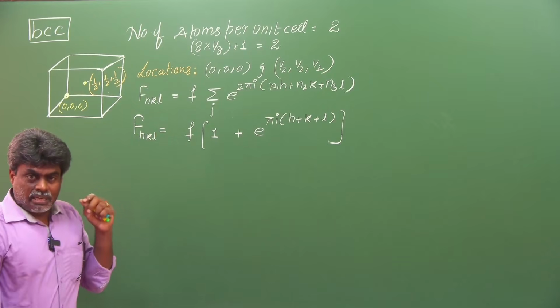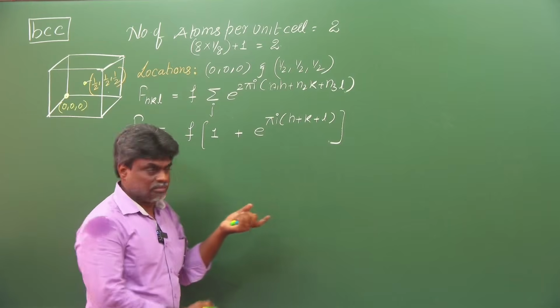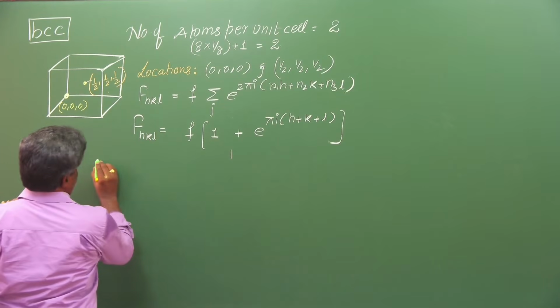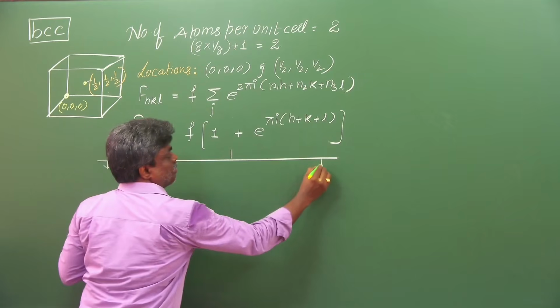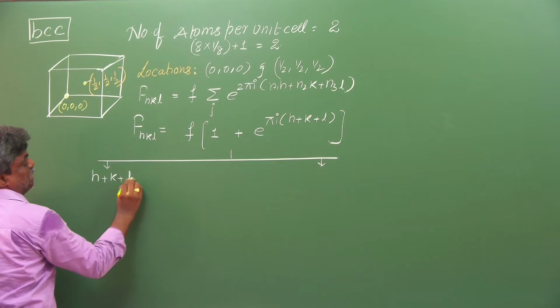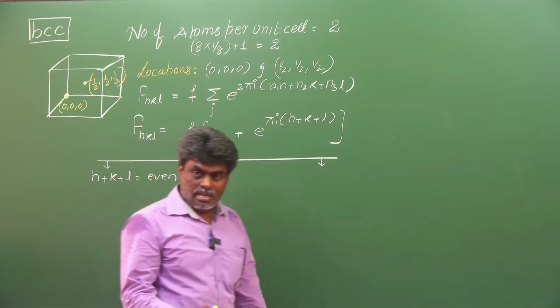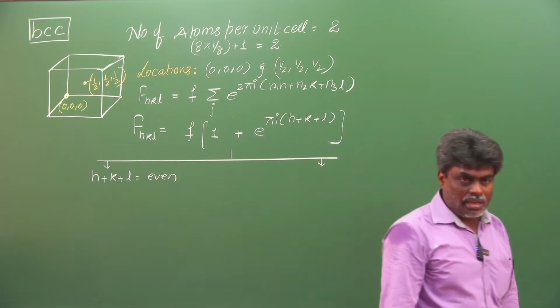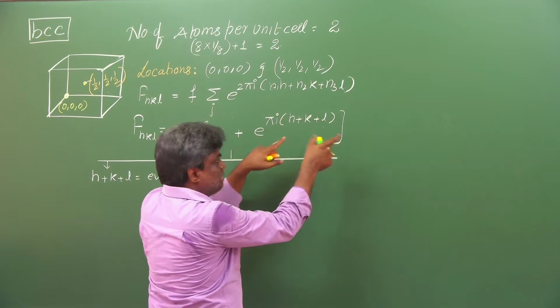So surprisingly, this final value definitely depends upon HKL. That's why I am taking 2 cases. Now I am taking H plus K plus L is even. Is it okay? I am taking the options because this is an integer, H plus K plus L, some integer.